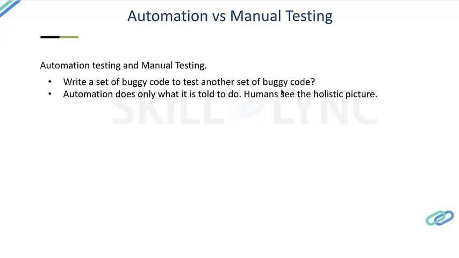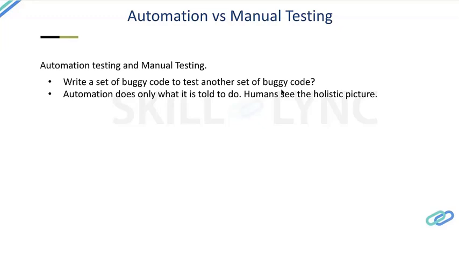Then with automation testing, you can cover many complex cases which are not possible manually. For example, API testing. You can do API testing manually, but if you have to test 10,000 cases, automation can do all of those in parallel, and it can just keep on firing requests to the APIs and record the responses.